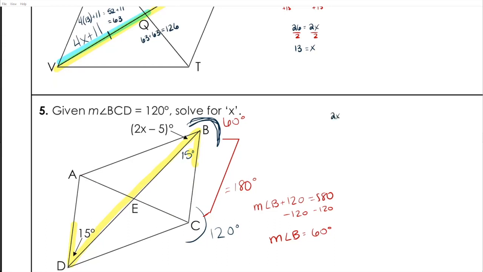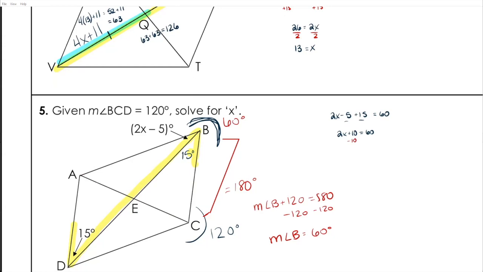So 2x minus 5 plus 15 is equal to 60. Combine like terms, negative 5 plus 15 is just positive 10. We don't have a variable on both sides, so we can go ahead and move that constant first.